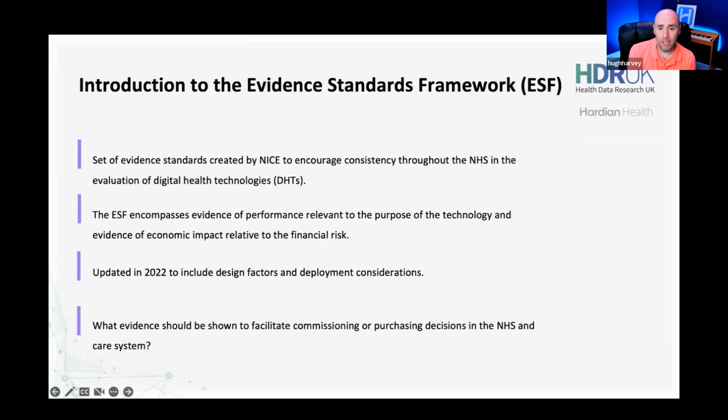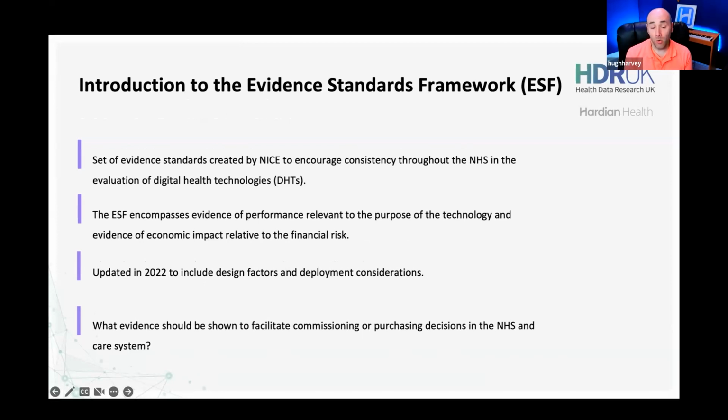So let's have a look at the standards framework. NICE produced this to encourage consistency across the NHS, not just for software as a medical device, but for all digital health technologies. So not everything digital is a medical device. There are operational things, there are health and well-being apps, which are not regulated medical devices. So digital health technologies, or DHTs, are a broader set of technologies than just software as a medical device.